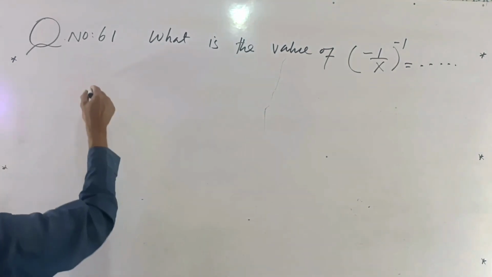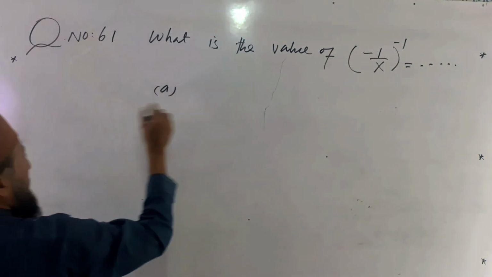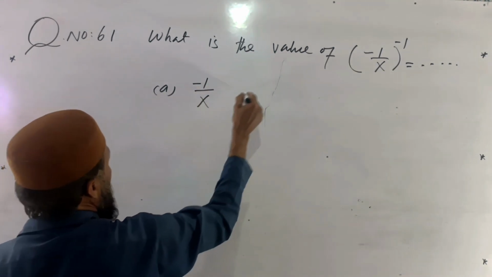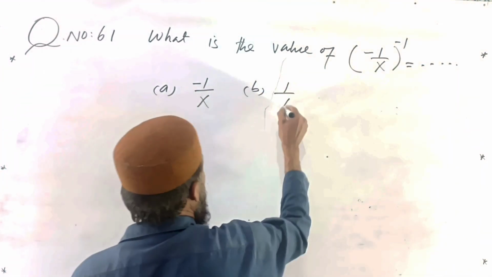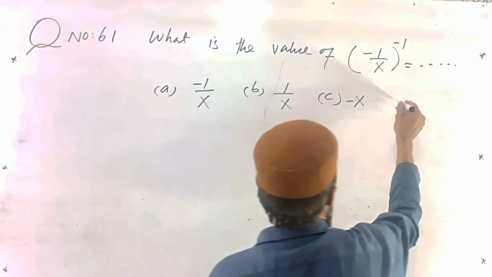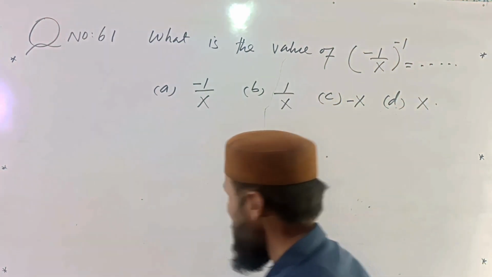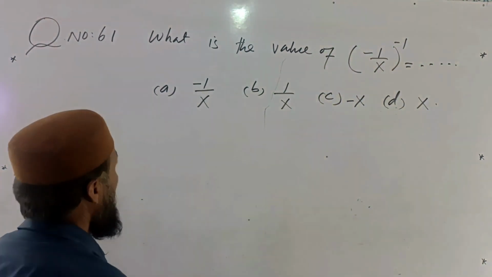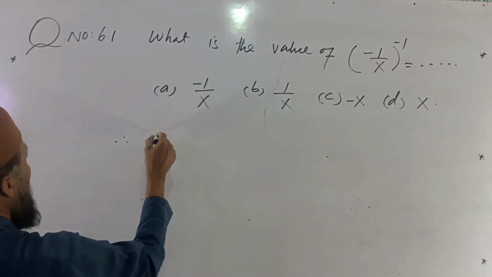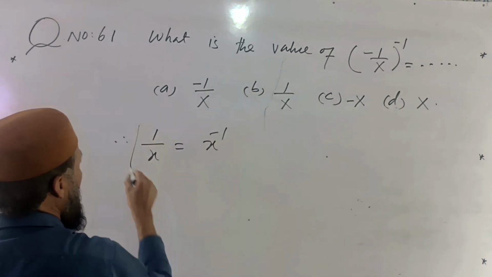The options are: A, minus 1 over x; B, 1 over x; C, minus x; and D, plus x. We already have the definition of 1 over x, which we can write as x to the power minus 1.